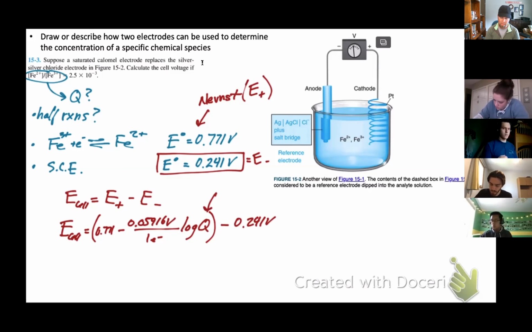We're given this ratio of the two iron ions. Is that already written as Q, or do we have to take the reciprocal of it? I'm pretty sure you have to take the reciprocal. I agree with that. I think we have to take the reciprocal of that.